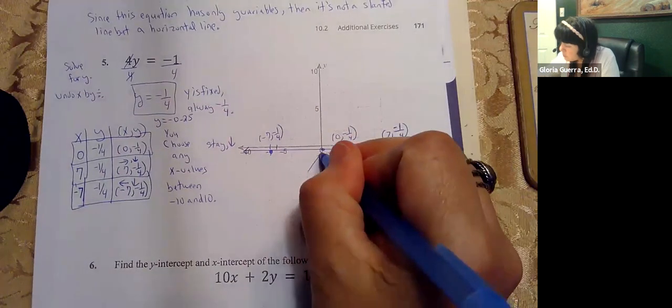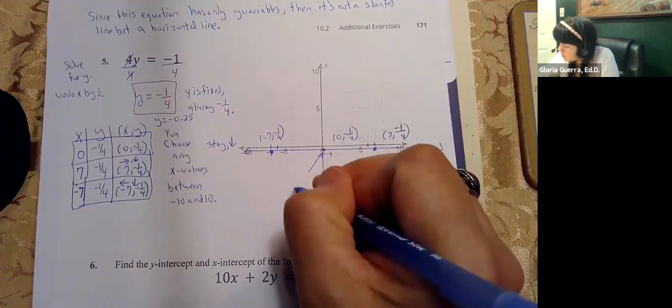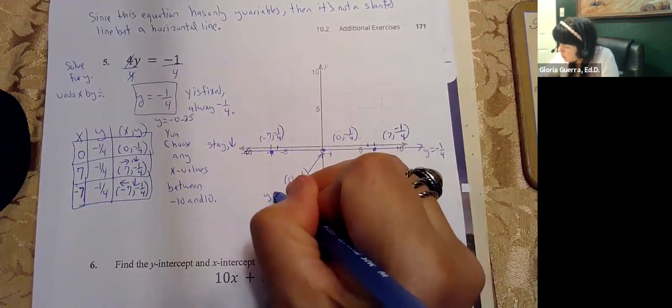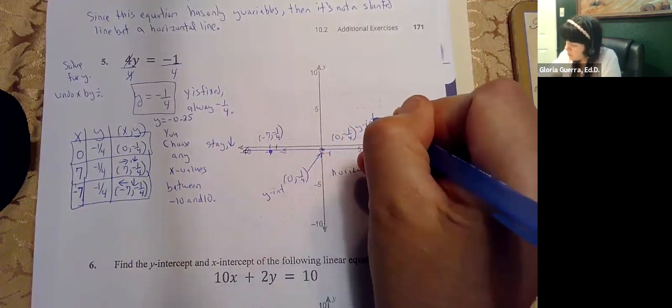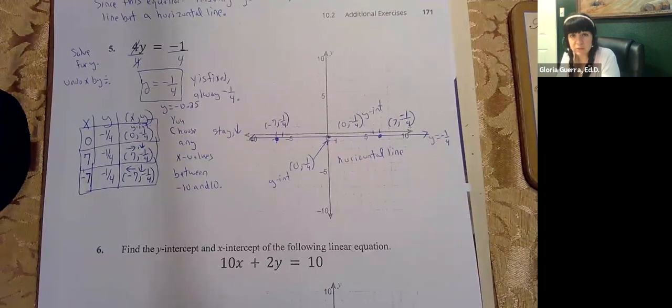This is the y-intercept, the (0, -1/4). That is the y-intercept. That's where it crosses the y-axis.